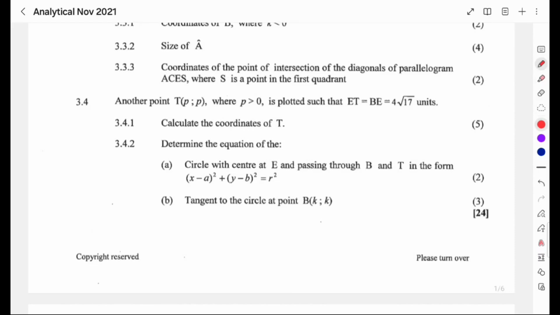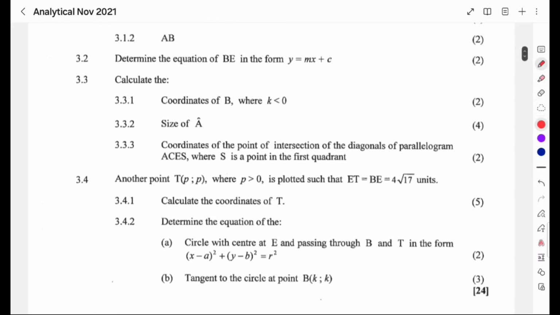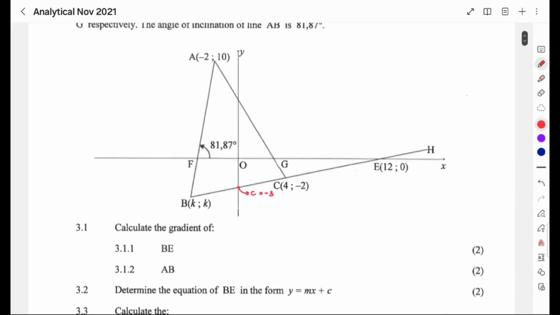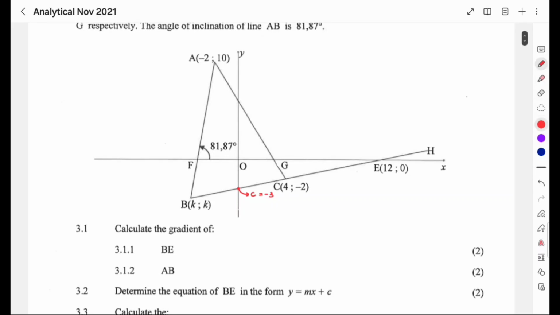So because both X and Y are positive, it means that T is in the first quadrant, and is plotted such that ET is equal to BE is equal to 4 root 17 units. So ET is equal to BE.